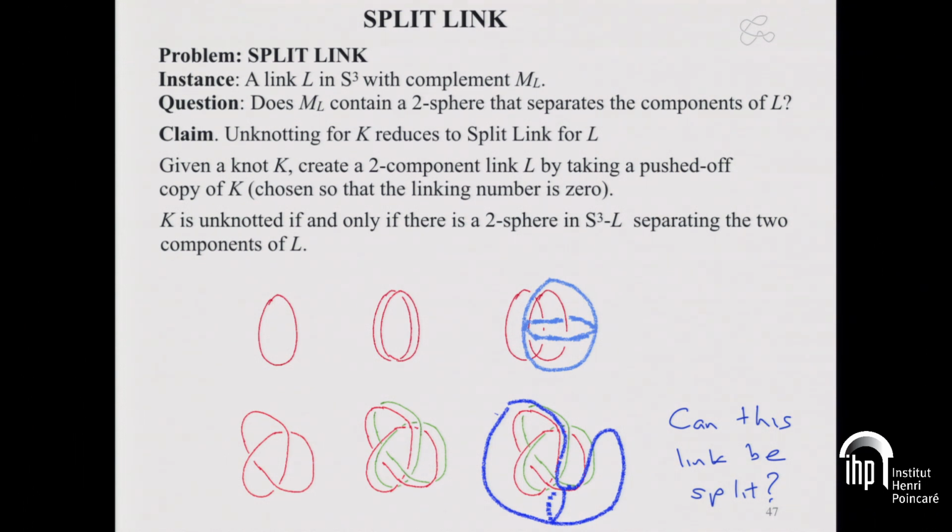You get an unlink of two components, and you can separate those two components by a two-sphere, right? So if a knot is unknotted, its push-off gives you a splittable two-link. But if you have a curve that is knotted and you push off a copy of it, you will never get a split link.